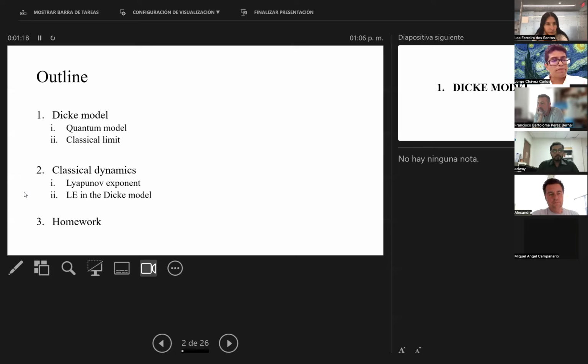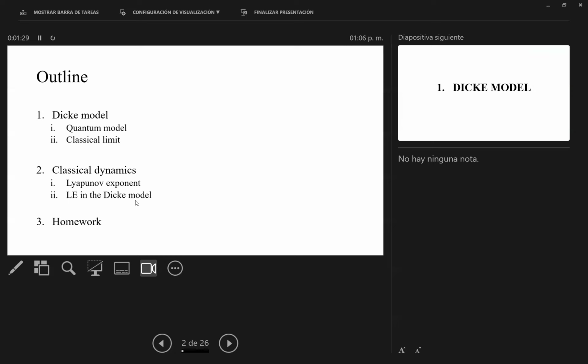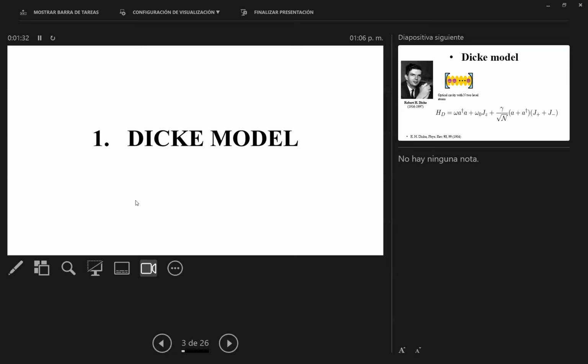And then I will use this Lyapunov exponent, especially in the Dicke model. And the last part is the homework. Now, if you have any question or comments, please let me know and I will check.